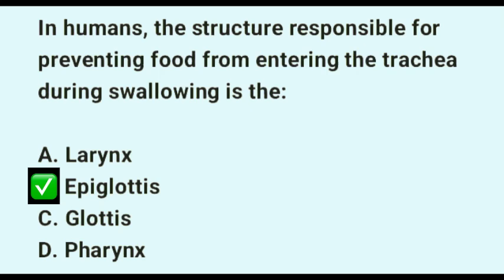The larynx is the voice box, not the structure that blocks food. The glottis is the opening of the larynx, but it does not actively close. Option D, which is pharynx, is the region at the back of the throat that connects the mouth and the nose to both esophagus and trachea. Therefore, the epiglottis is the main protective structure.